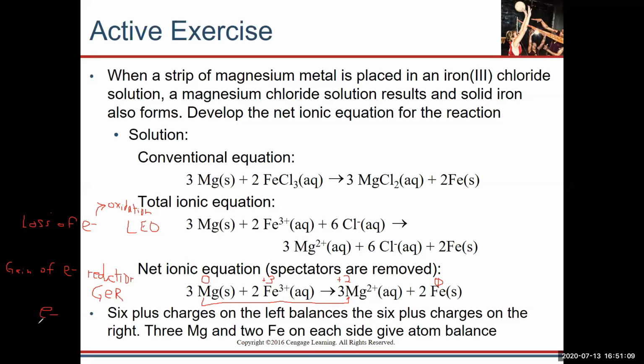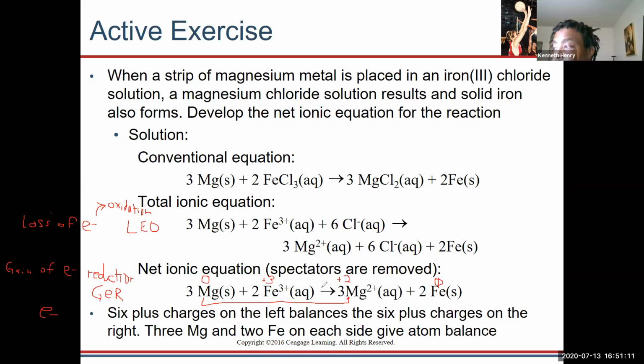It's a minus charge. So I'm going 0 to +2. Is that gaining electrons? Losing electrons. So this is a LEO, right? So we're losing electrons, right?